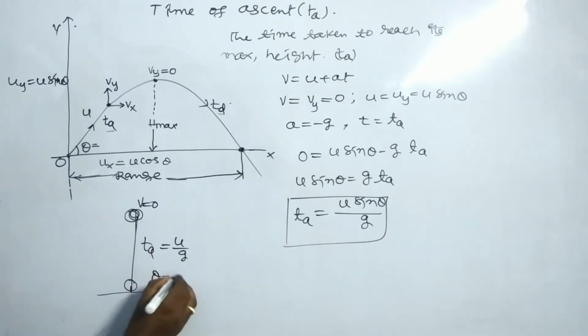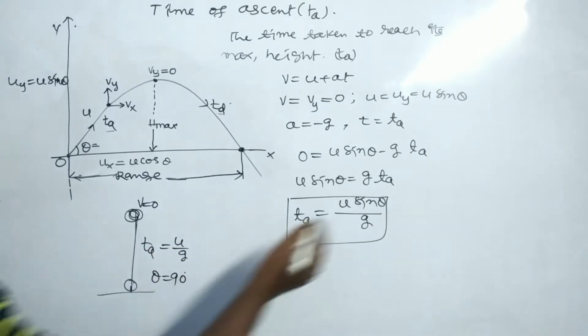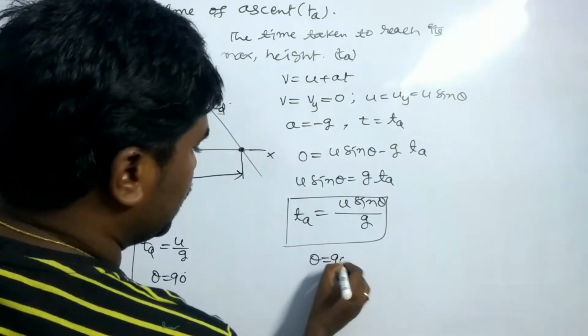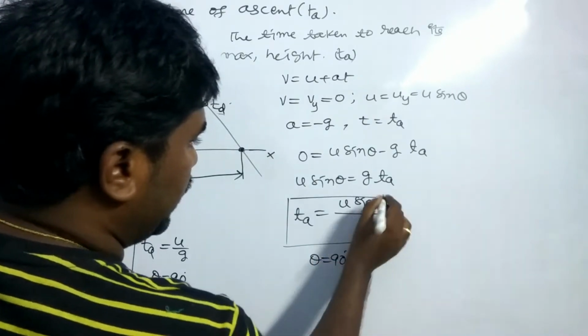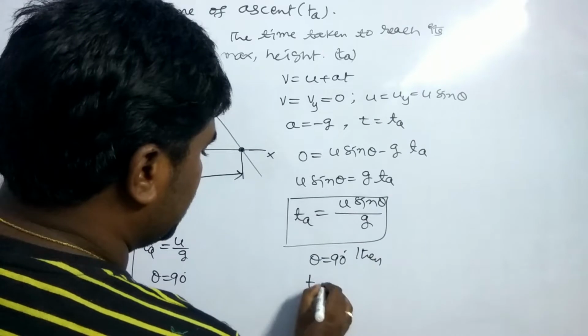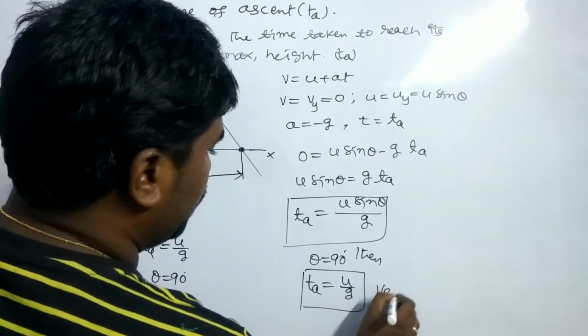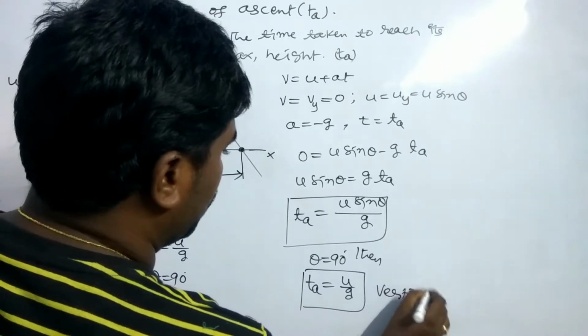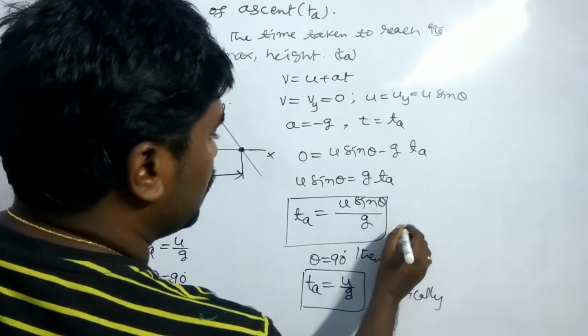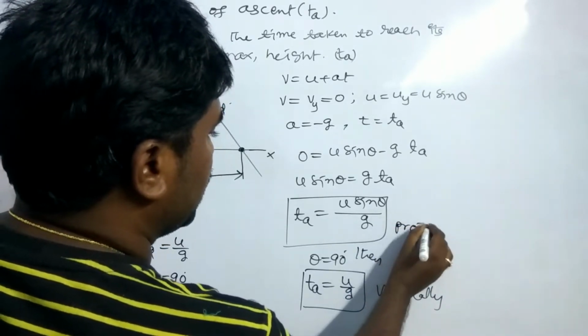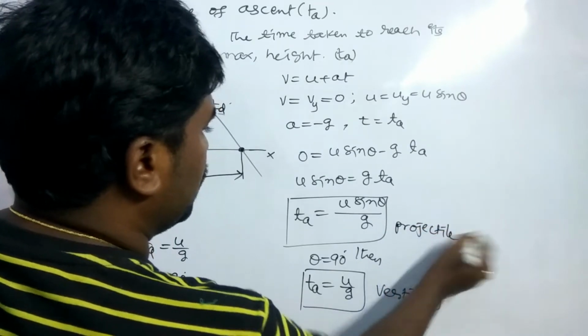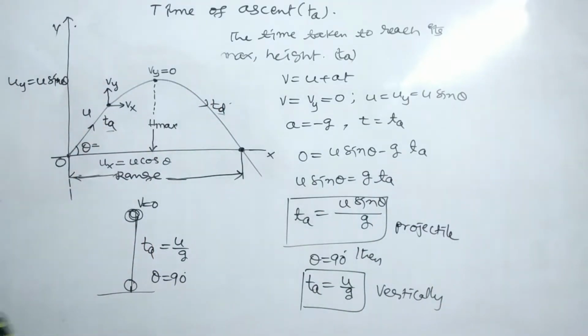So here, if theta is equal to 90 degrees, then sin 90 is equal to 1, and TA is equal to u by g. This is vertically projected. In case of a projectile, it is u sin theta by g.